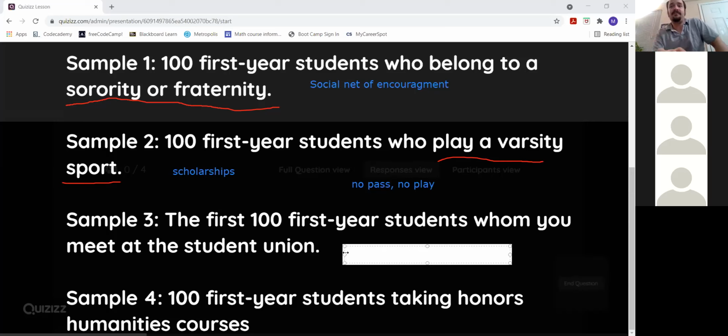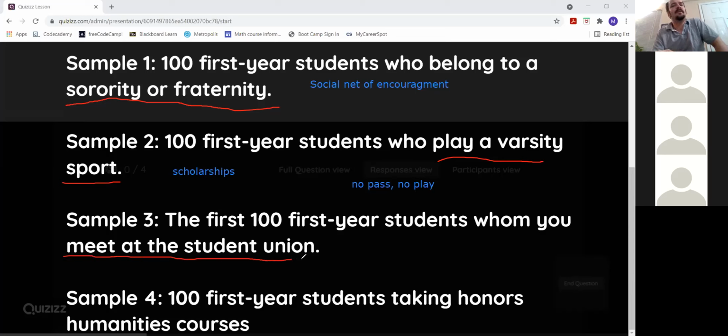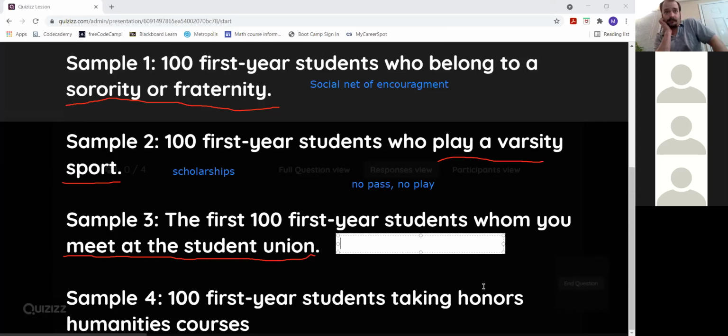First 100-year students whom you meet at a student union. I want to say the book says that this one is probably the best or the least biased. Right, I would say this still has a potential for bias.